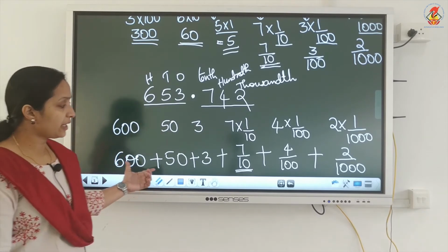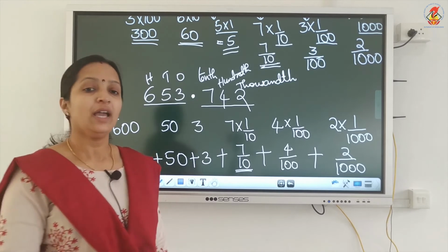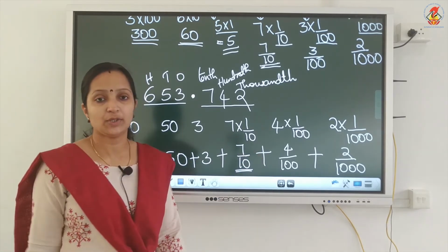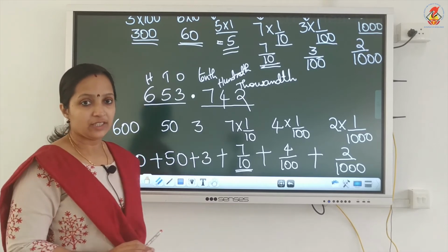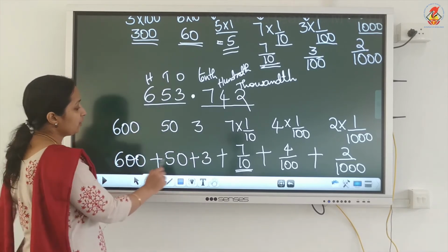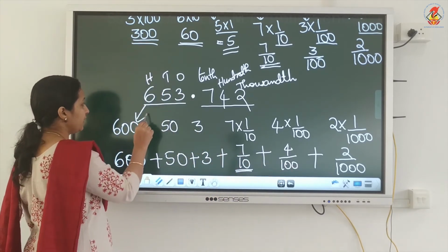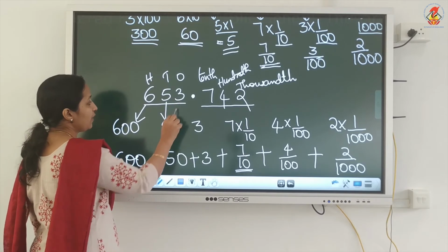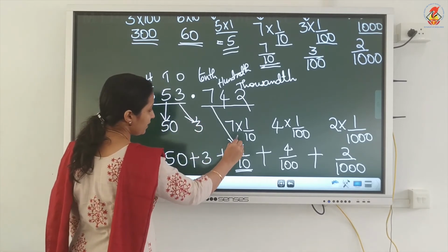For writing the expanded form, first write the place value of all the digits in the number and just include an addition sign between them. Is it clear, children? The place value of 6 is 600, of 5 is 50, of 3 is 3, and the place value of 7 is 7 by 10.